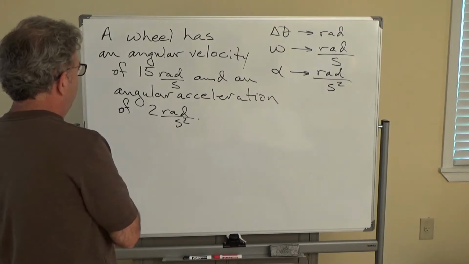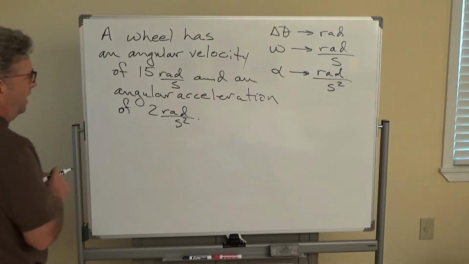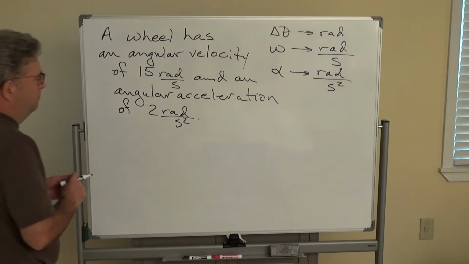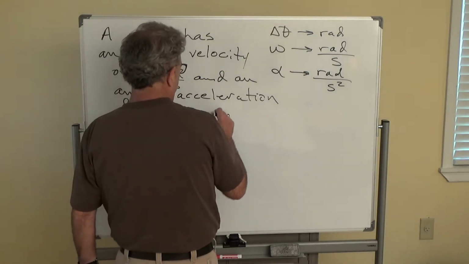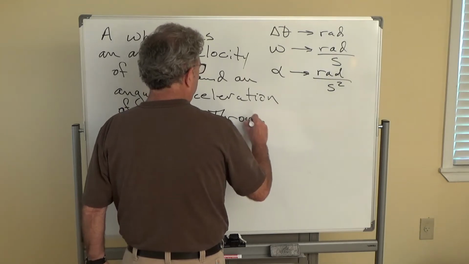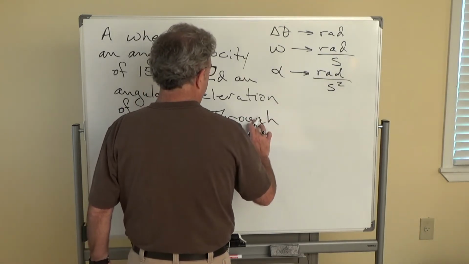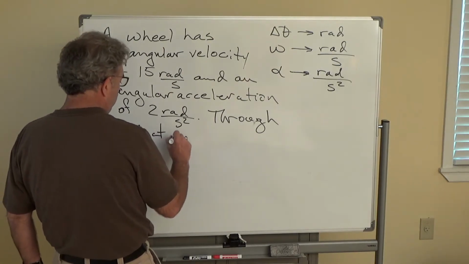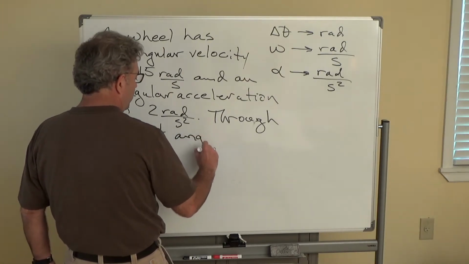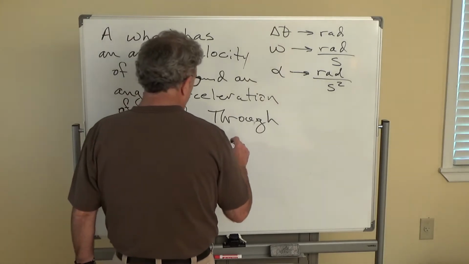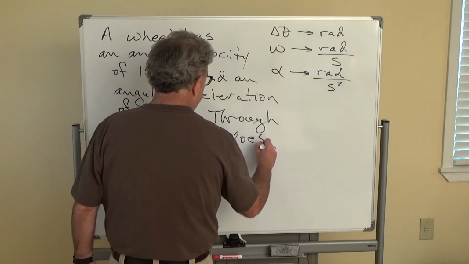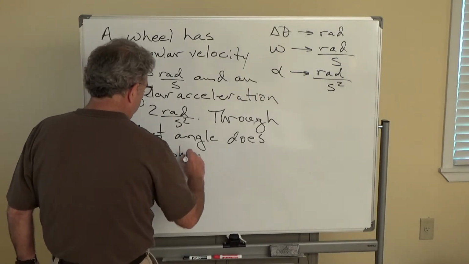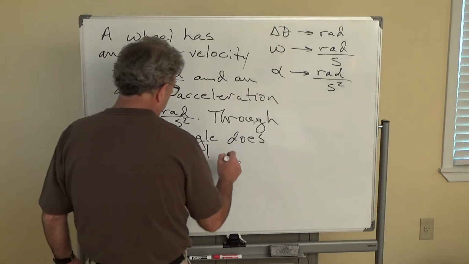So a wheel has an angular velocity of 15 radians per second and an angular acceleration of 2 radians per second squared. Through what angle does the wheel rotate in 5 seconds? I'm making it super simple.